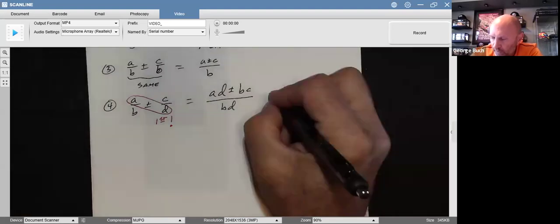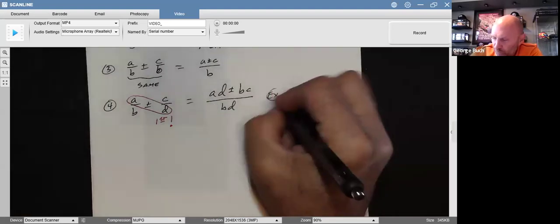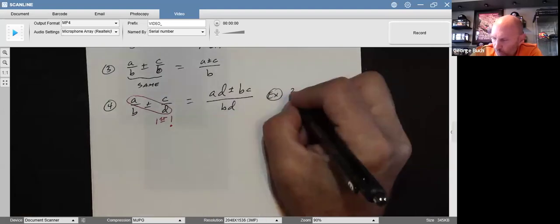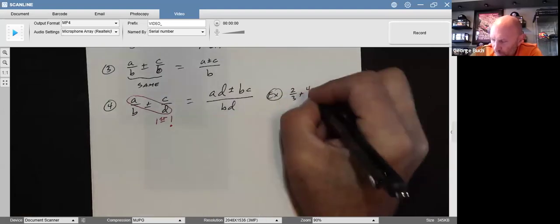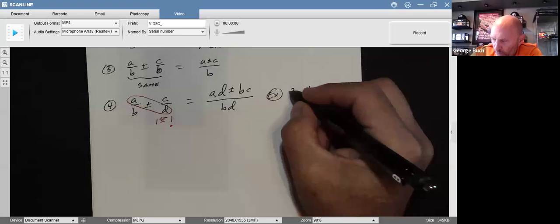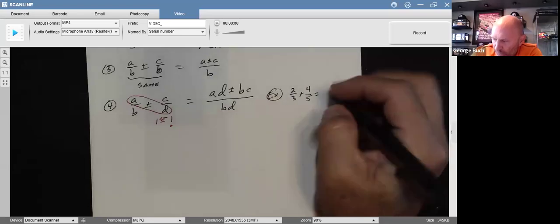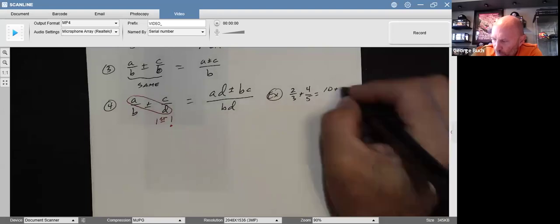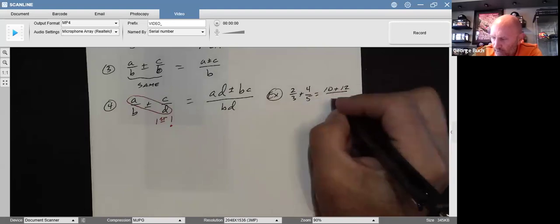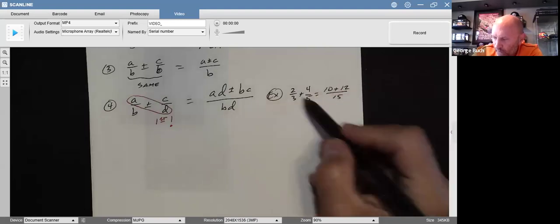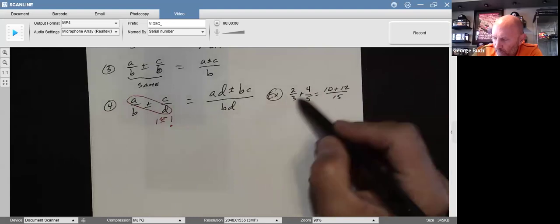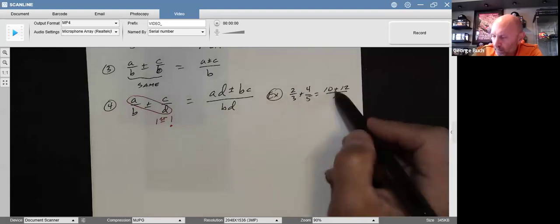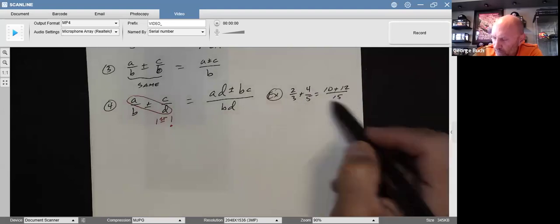So let me show you just a quick example. Let's say I have 2/3 plus 4/5. I'm going to multiply upper left to lower right. So 2 times 5 is 10, plus 3 times 4 is 12, and then 3 times 5 is 15. So multiply this way, get 10, multiply this way, get 12, put the plus sign because there's a plus sign, and then multiply the denominators, 15.